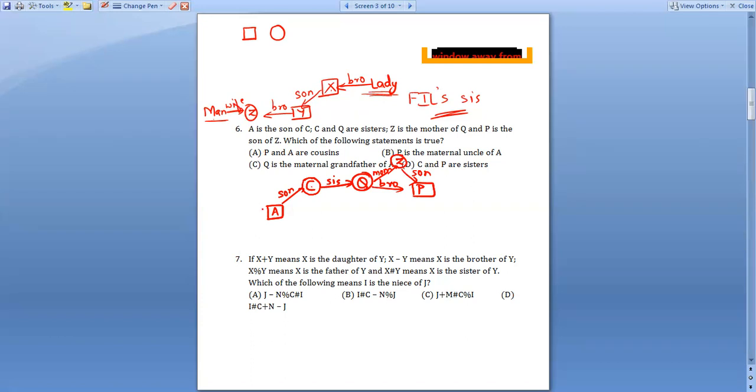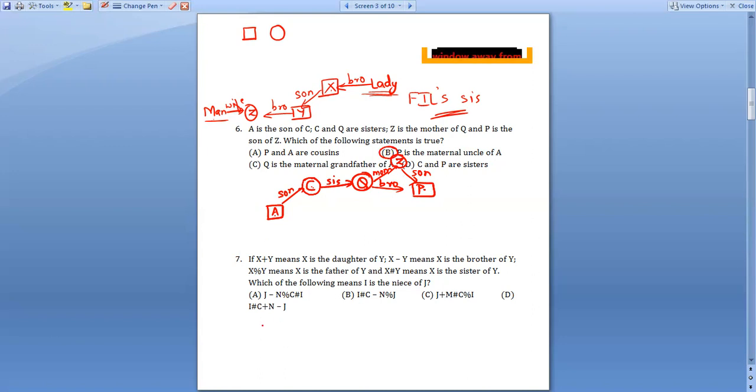So option A, P and A are cousins. Definitely not. They belong to two different generations. So option B, P is maternal uncle of A, which is true. A's mother is C and C's brother is P. So mother's brother is obviously maternal uncle. So it is option B. Option B is the required solution.